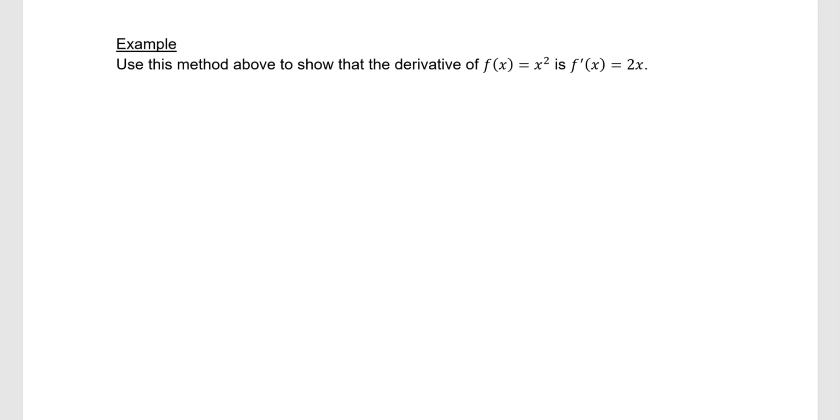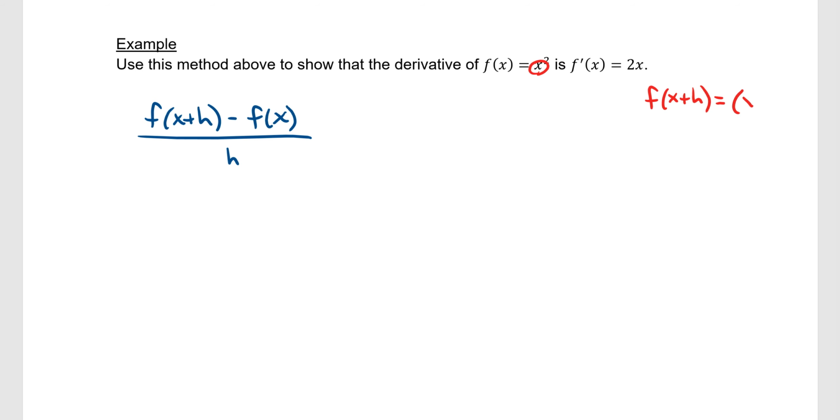So we have the difference quotient, f of x plus h minus f of x over h. And on the side, we can find f of x plus h. We're going to plug it in where there's an x, which is x plus h squared. And then we have to simplify this. X plus h squared is x plus h times x plus h.